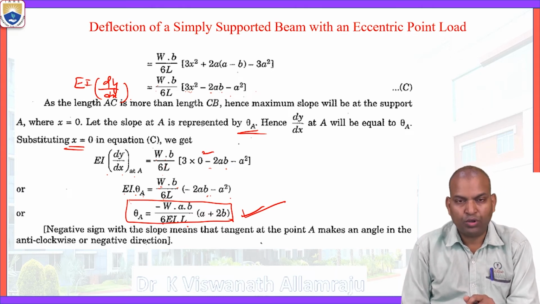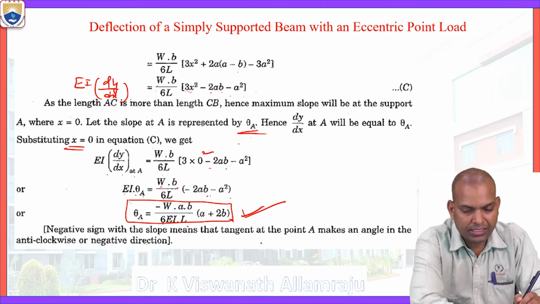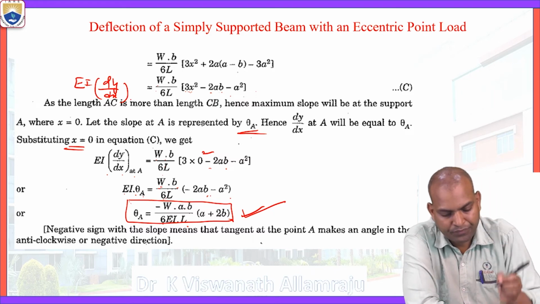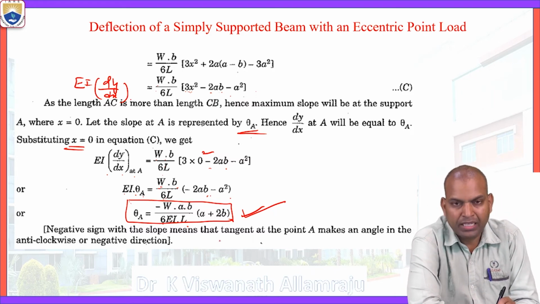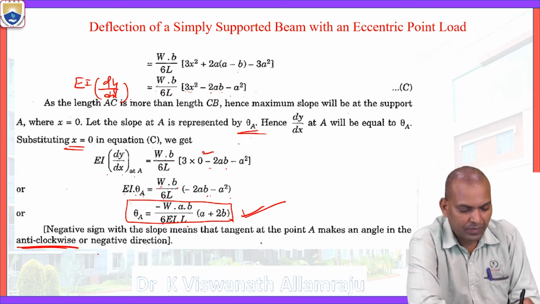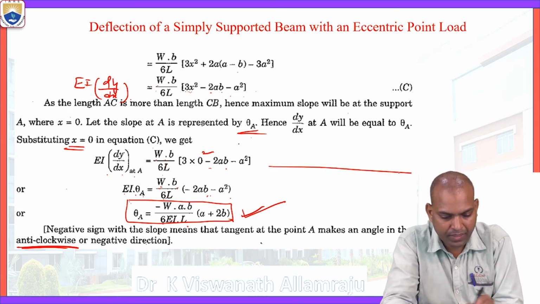Negative sign with the slope, what does the negative sign indicate here? Negative sign with the slope means the tangent at the point A makes an angle in the anti-clockwise direction, or negative direction. How can we see it here?